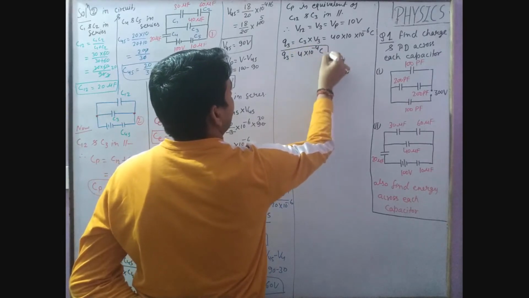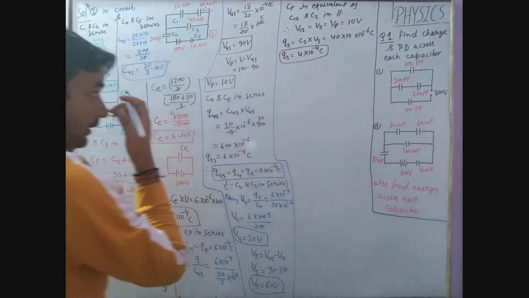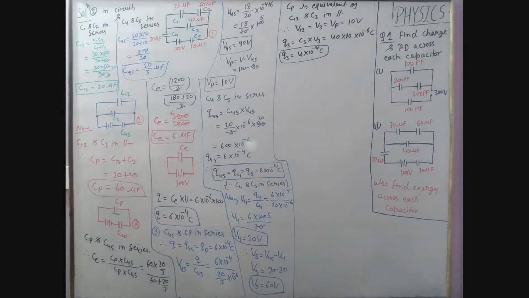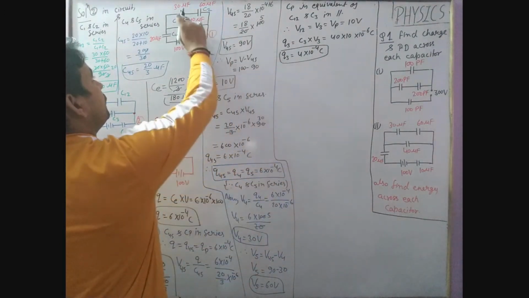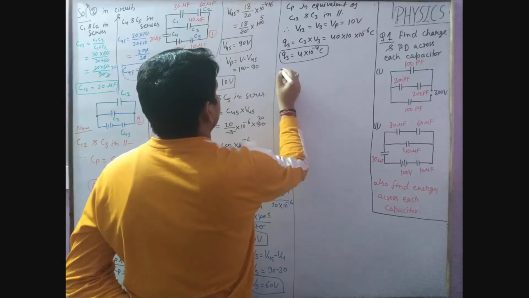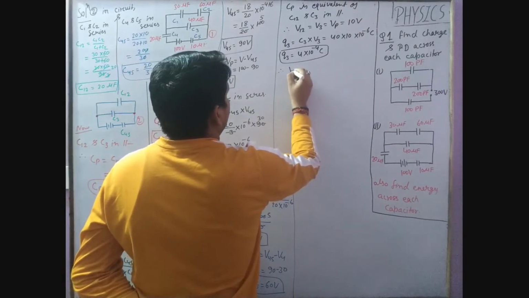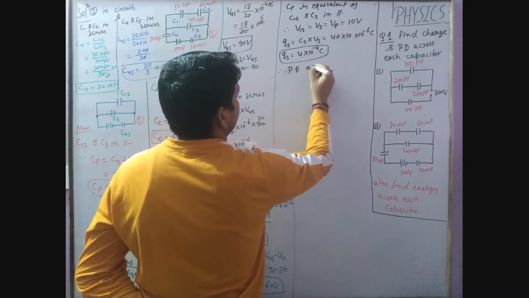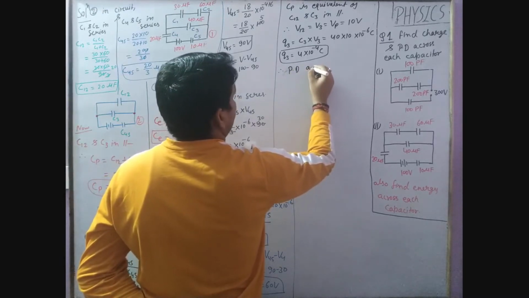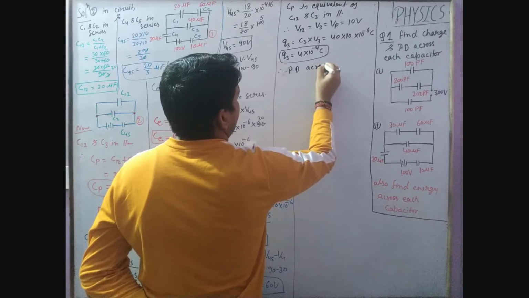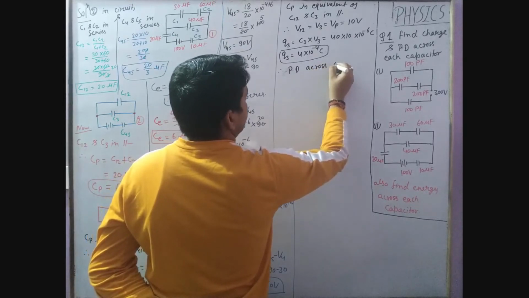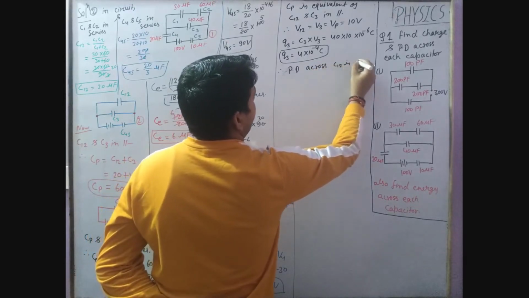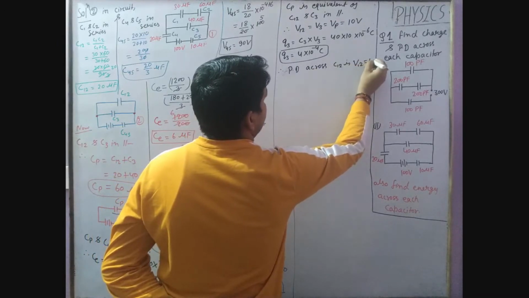This is the value of Q3. Now we move to the potential difference across C12, which is V12, 10 volt.